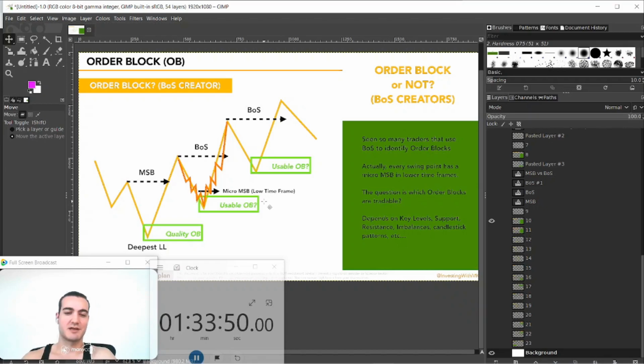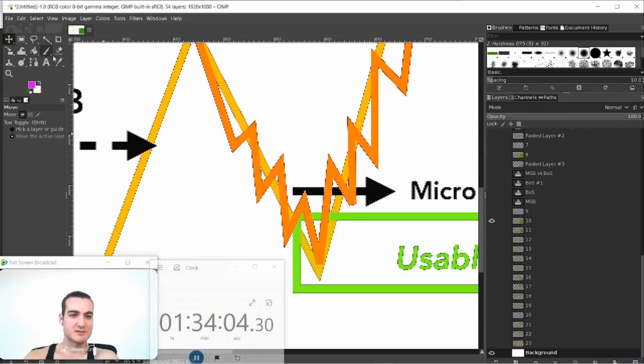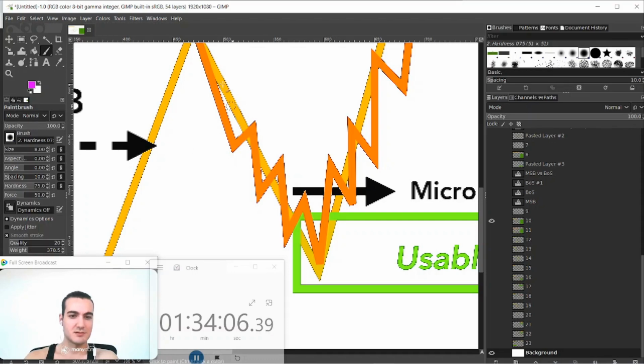Okay, I see what he's saying here. At least I think I do. Every swing point has a micro market structure break in the lower time frame. That makes sense. Because in the lower time frame, let me get a layer above me.